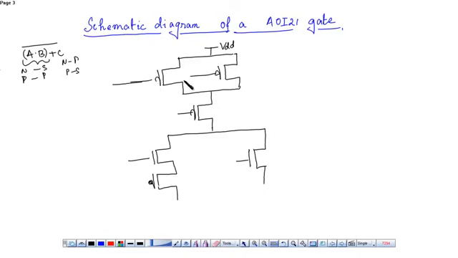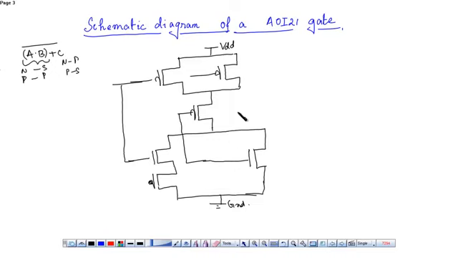So this is connected with this. This is the input A. The input C is connected over here. This is connected to ground. And the final output is taken here.